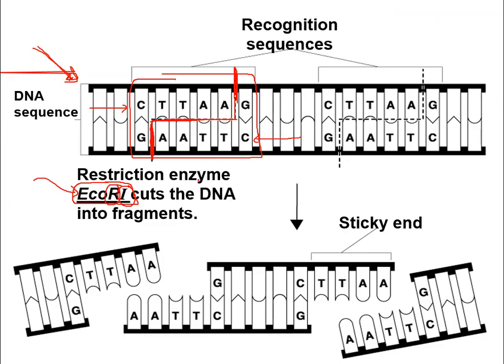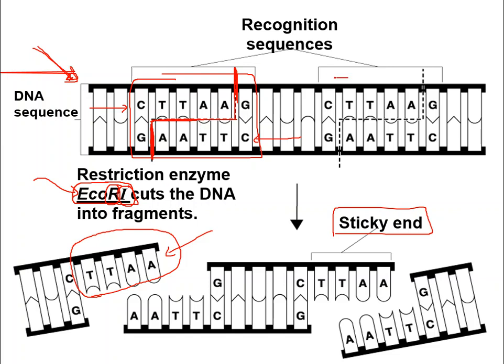Because you've cut across the DNA molecule, you don't get a nice clean cut up and down. You get a cut that leaves this little single-stranded fragment. This is called a sticky end. By the way, these restriction enzymes cut everywhere they see the sequence.